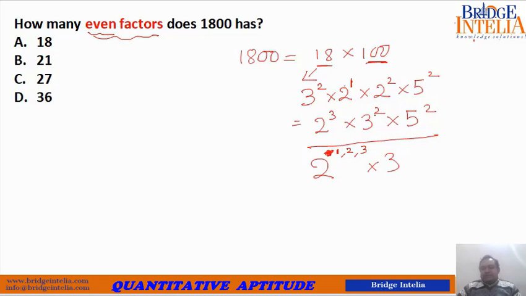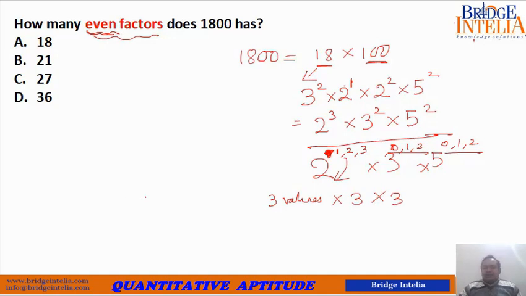Similarly, possible powers of 3 are 0, 1, 2, because making it even does not depend on the power of 3, it depends on the power of 2. That's why 2 to the power 0 could not be used, because it was mandatory to make it even. Similarly for powers of 5, there is no effect. So here 3 possibilities, here also 3 different possibilities, and here also 3 different possibilities.